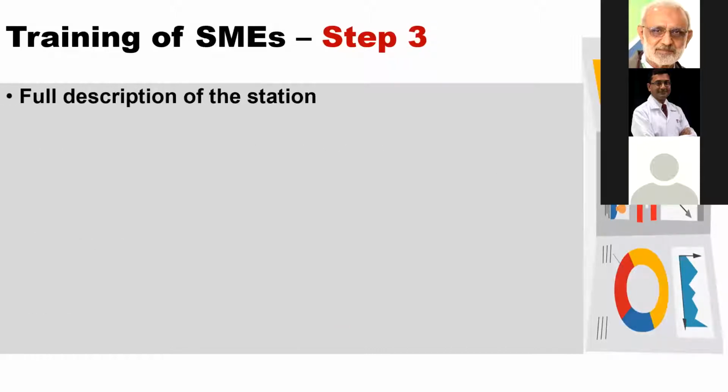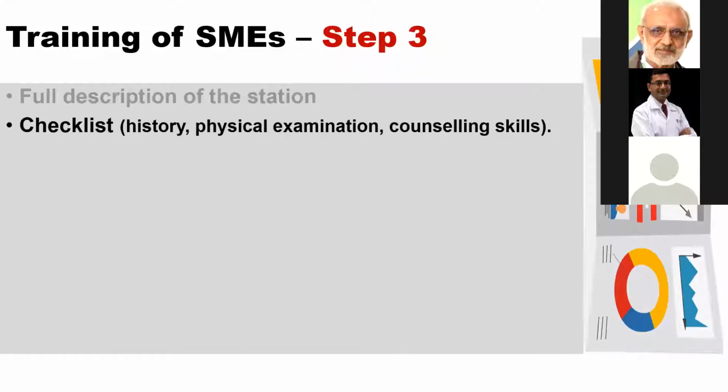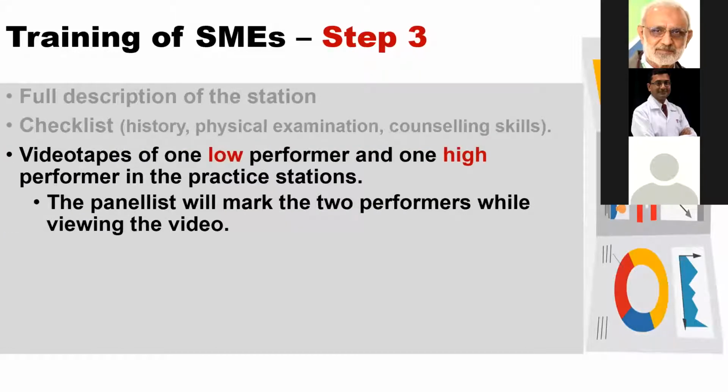Third step, full description of the station, checklist for history taking, physical examination or counseling skills. Then videotapes of one low performer and one high performer in the practice stations. So this is an important step again in the training of SMEs.